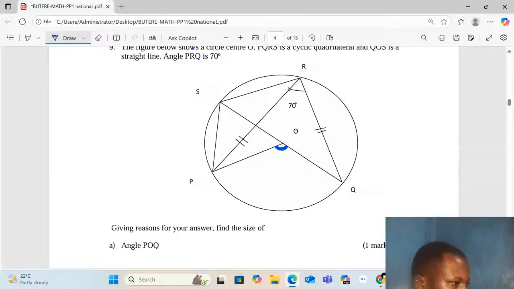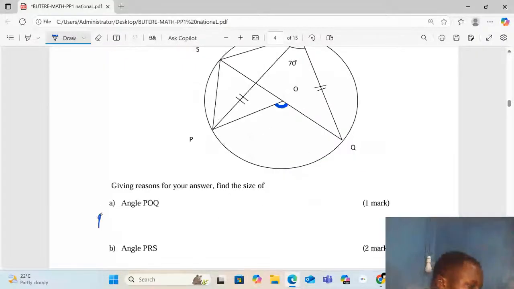This is the angle at the circumference, so the angle at the center is going to be twice the angle at the circumference. Therefore, angle POQ is going to be 2 times 70, which gives us 140 degrees.